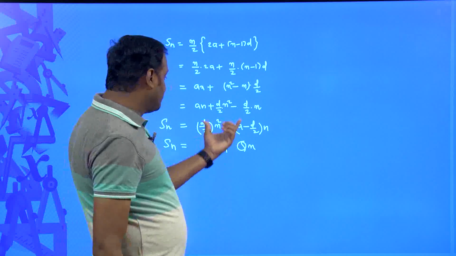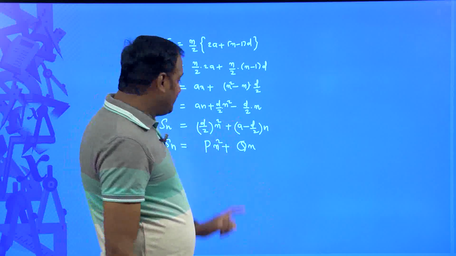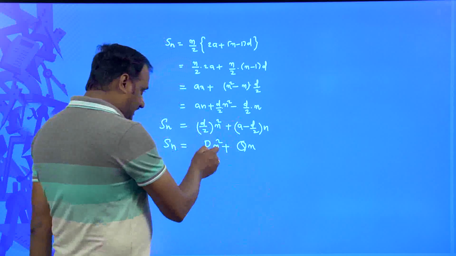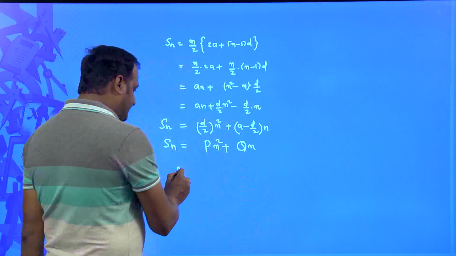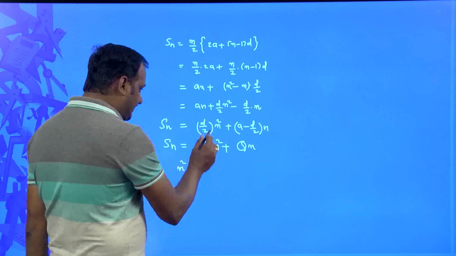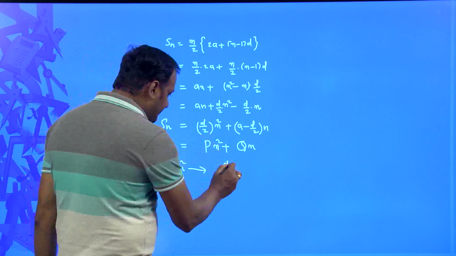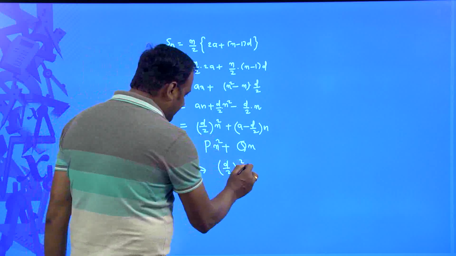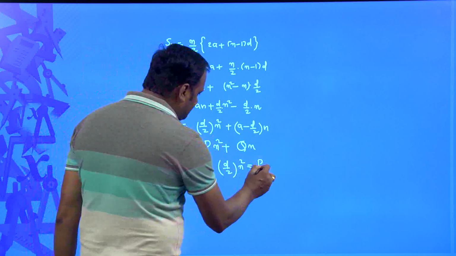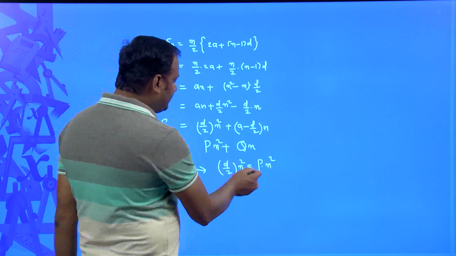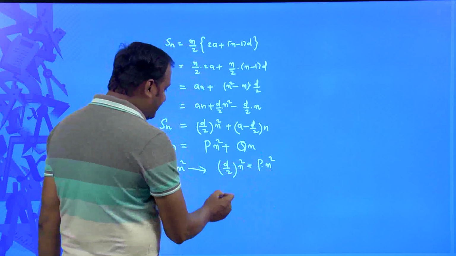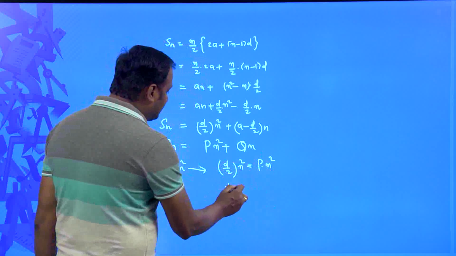Now, let us compare both of them. What are those somethings? First compare the n square terms. Here the n square term is d by 2 times n square, and here the n square term is p into n square. So, d by 2 into n square equal to p into n square, it means d by 2 is equal to p.